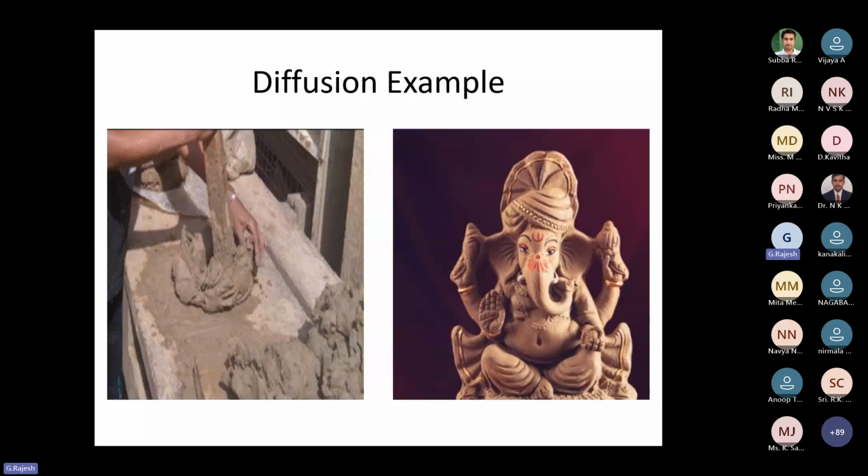When you actually take the clay, mix the right amount of water, stretch, mold, and bring it into a good shape, like an image of Ganesha, as I'm showing here, this is what diffusion means. I think these two examples give you a good picture of how diffusion works. Remove unwanted noise or unwanted data from what we are looking at and bring out a clear image of what we are visualizing.